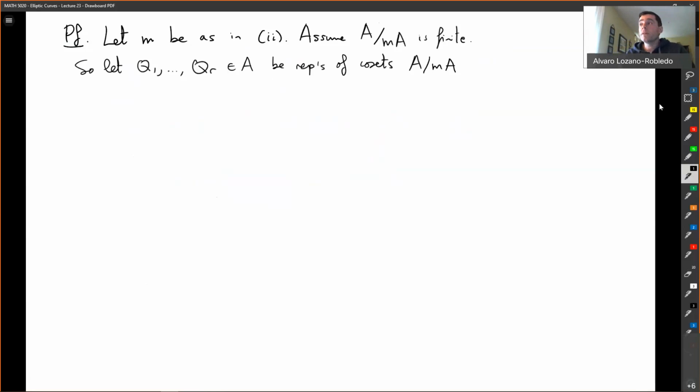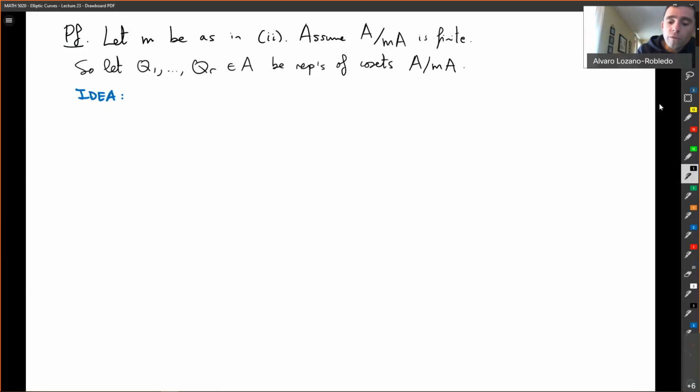Okay, great. So here's the idea, and here's what I believe the term descent comes from: given a point P, I'm going to find a combination of Q1 through QR such that P minus this combination of Qs descends to a set that is of bounded height.